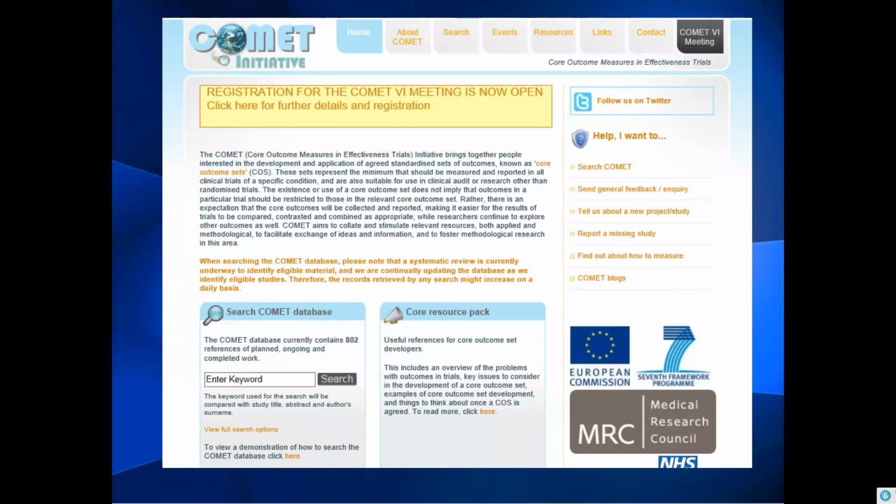The COMET database, so if someone wants to do a core outcome set, it's recommended and indeed encouraged that they would register their core outcome set on this website, which would allow others interested in that space to recognize that this team are doing this piece of work. It doesn't unfortunately prevent duplicate efforts going on by independent groups, but you'd hope that that would be reduced to a minimum by people actually visiting this website first.